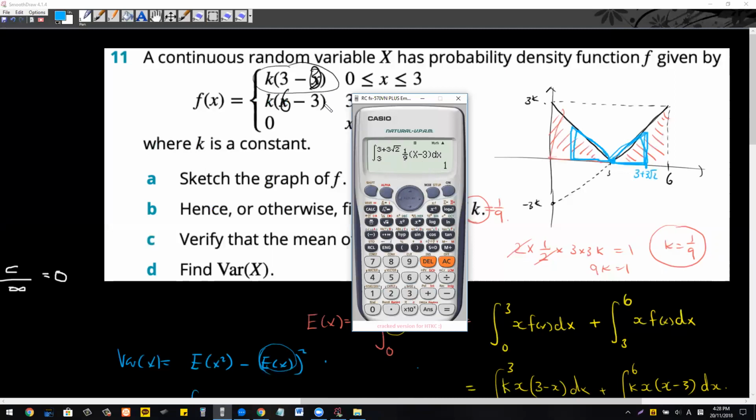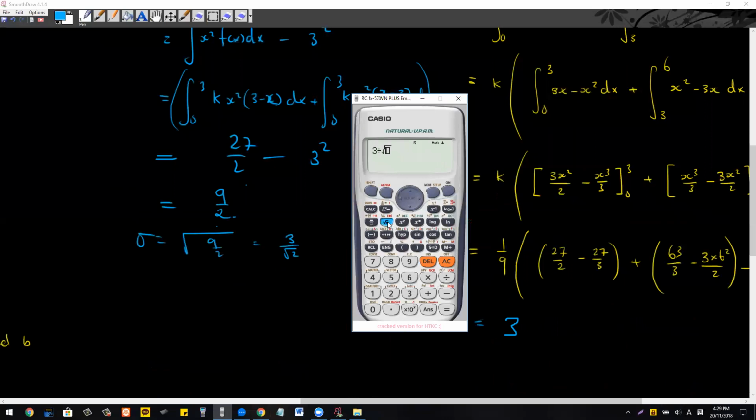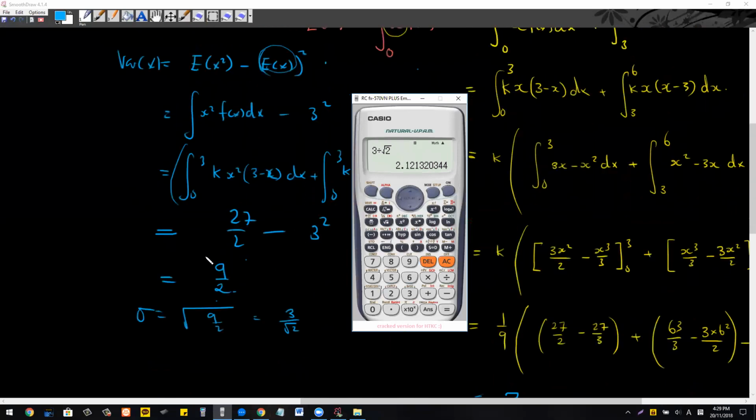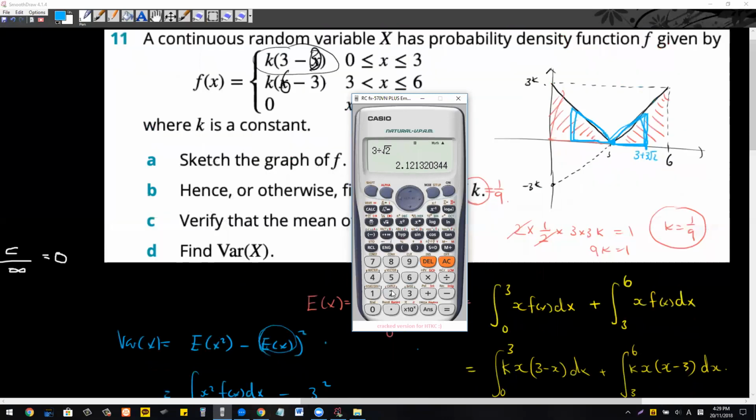So x minus 3, 3 root 2. What's 3 root 2? 3 plus 3 root 2, that's more than 6. Sorry. Yeah, that's 7. But this is just an approximation, you know. 3 over root 2 is that much. Yeah, that's actually too much, isn't it? Anyway, in this case, it doesn't work. But anyway, that's the answer.